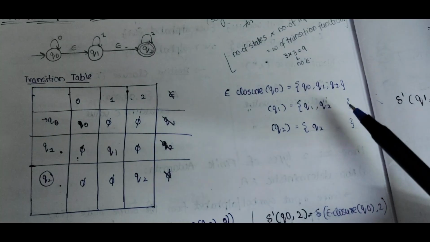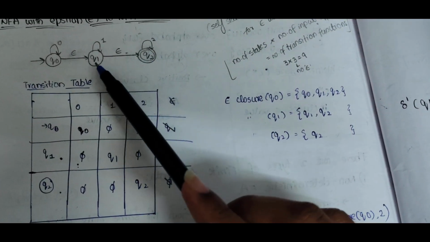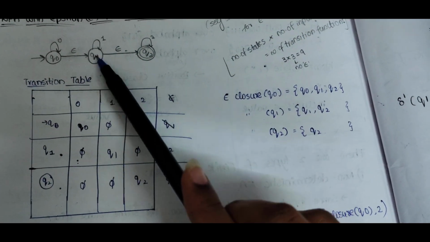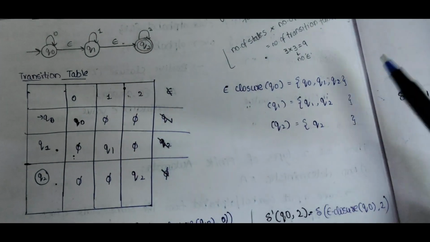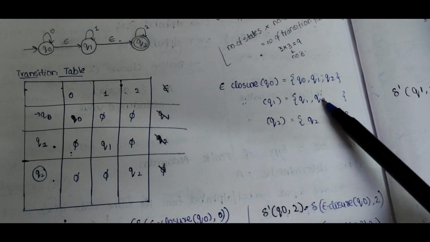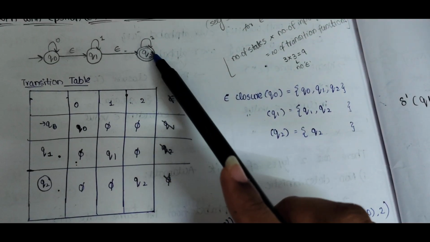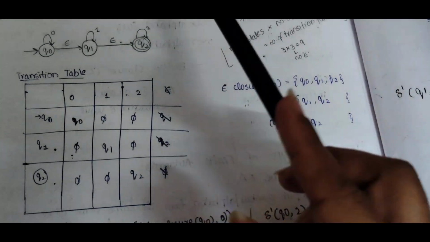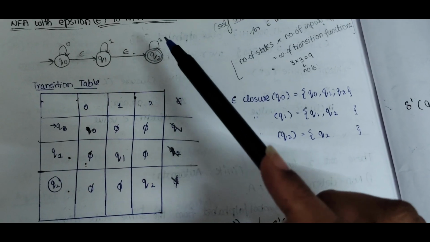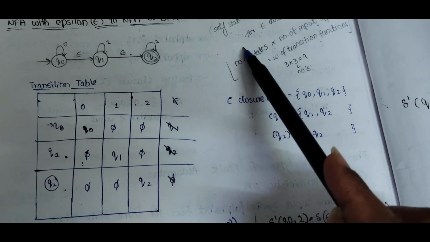For Q1 we already wrote Q1, and let us check the epsilon transitions from Q1 now. It has only one transition, Q1 to Q2. So Q1 has Q2 too. For Q2 we will be writing the self state first, that is Q2. Does it have any epsilon transitions forward?